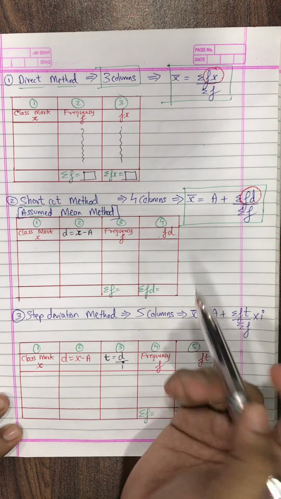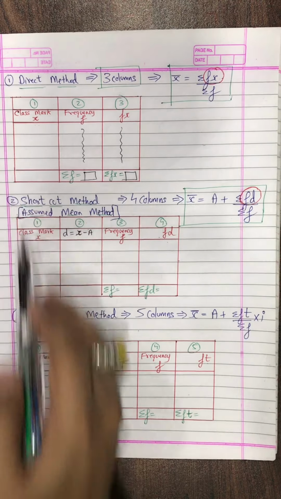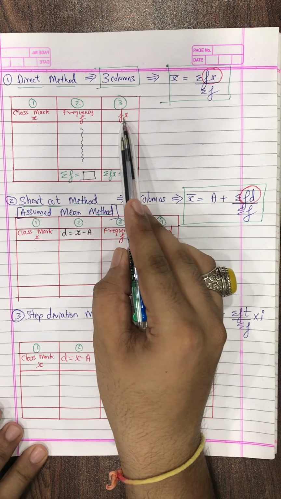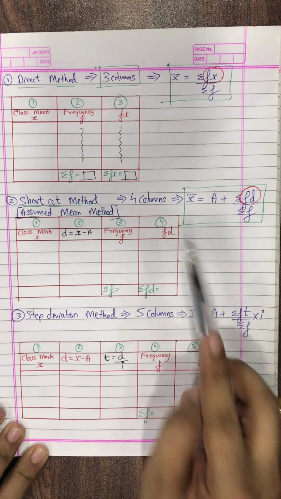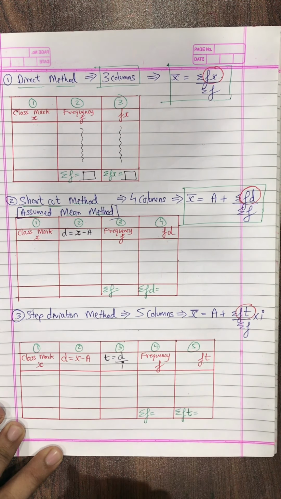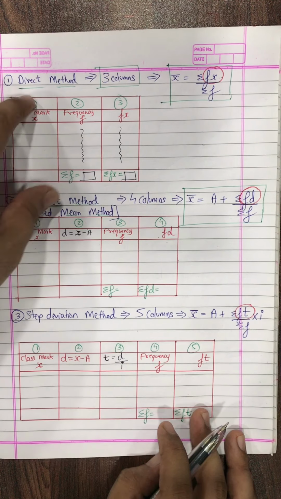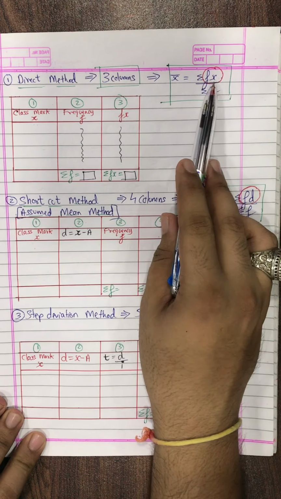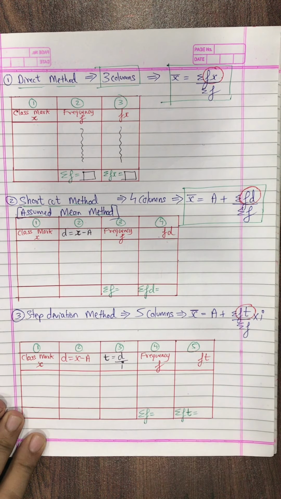I repeat again. First column is always class mark, given in the question. Last column is always from the formula: fx, so here fx; fd, so here fd; ft, so here ft.